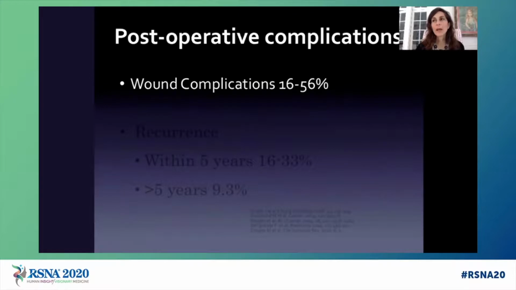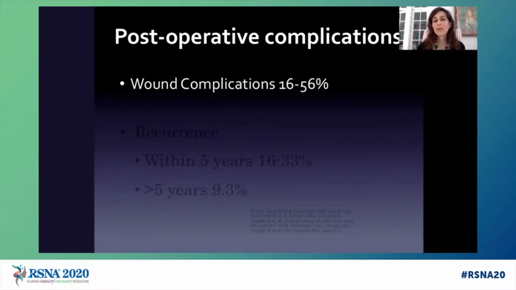These are fairly common, up to 56% of patients, and the likelihood of developing wound complications is really related to patient comorbidities, the extent of the tumor, the required surgical resection, reconstruction, and of course, whether the patient has had radiation prior to treatment.